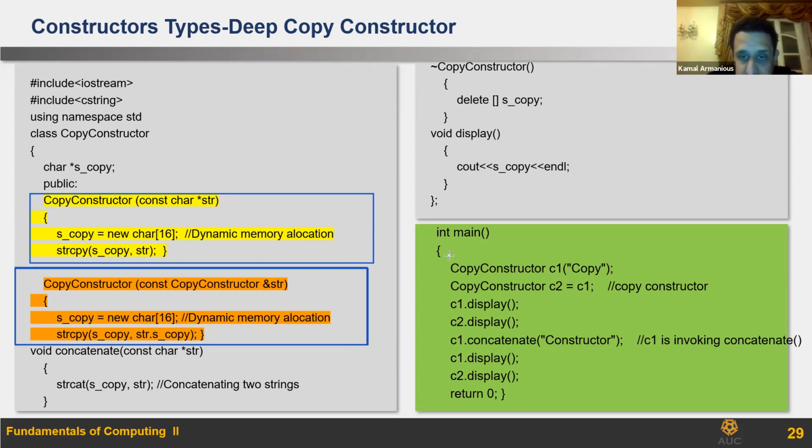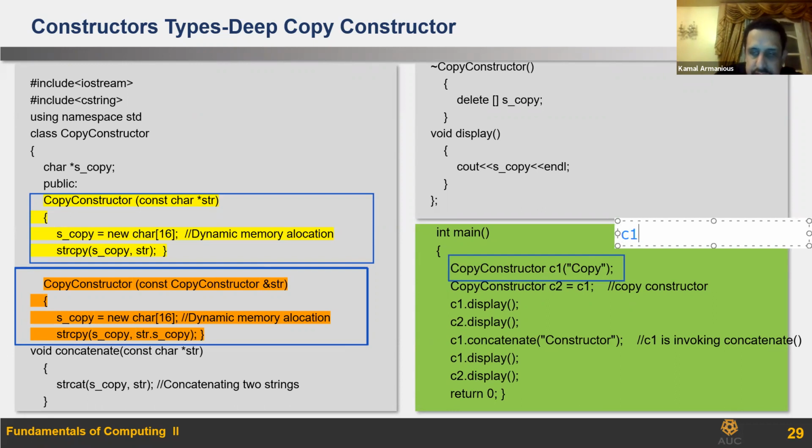The first one is C1 dot s underscore copy will be equal to copy. Then this is the execution of this statement. Then copy constructor C2 equals C1 will call this function. This constructor will call this constructor.